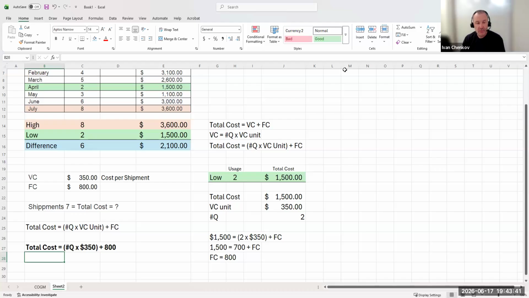So what do I need to calculate the total cost? Number of shipments. So if I have 7 shipments, how much will be the total cost? You can easily calculate. How about 10 shipments? Well, that's going to be the cost. How about 22 shipments? Well, that's going to be the cost. And you start applying the formula. Make sense? That's your high-low method.